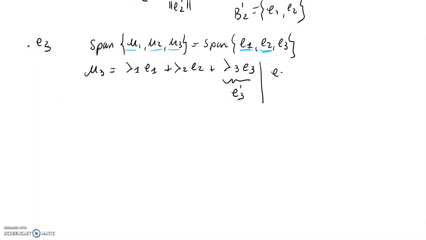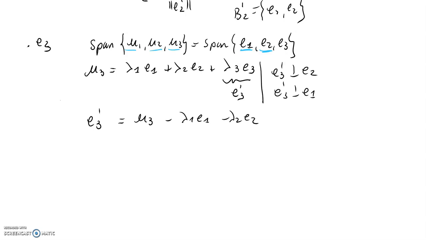E3 prime is orthogonal to E2 and to E1, with the same consequences on the scalar product. So from this, I've got that E3 prime is actually u3 minus lambda 1 E1 minus lambda 2 E2.